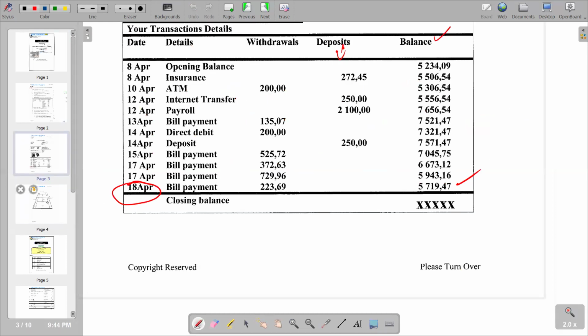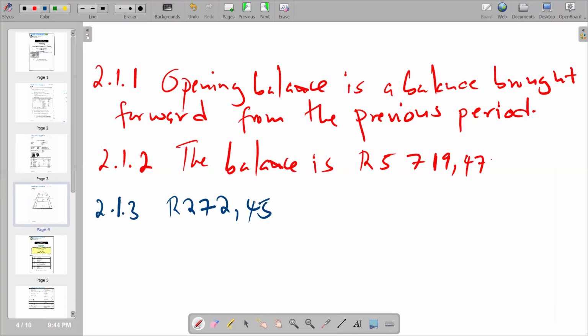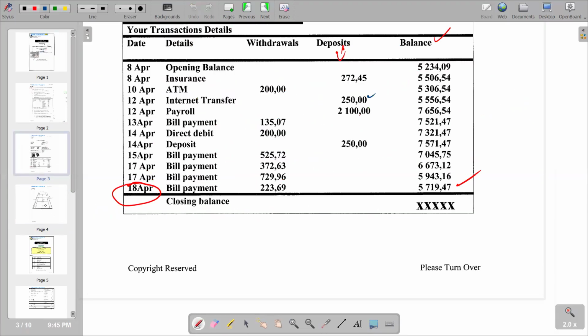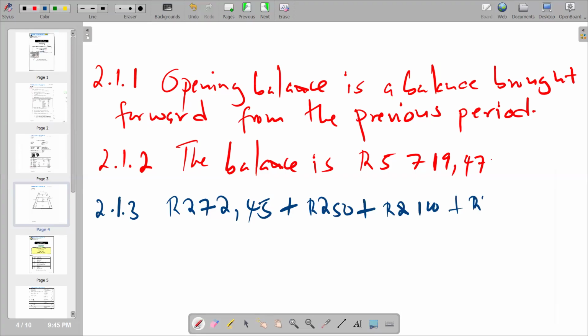The total that you're supposed to get is 2,872 rands 45 cents. So this becomes our answer.